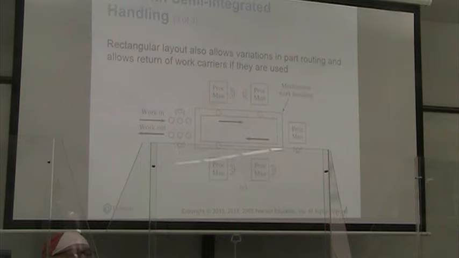Using a rectangular layout gives us variations in the part routing again, and lets us return work carriers if they're used, although we could do that in the loop type layout as well.